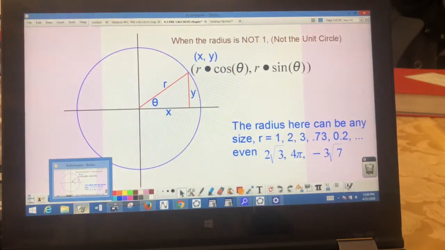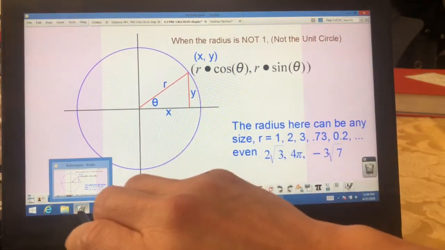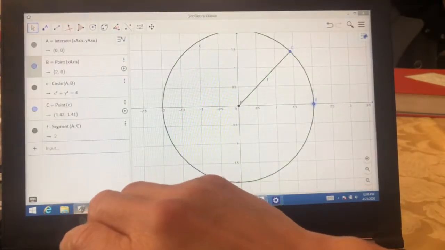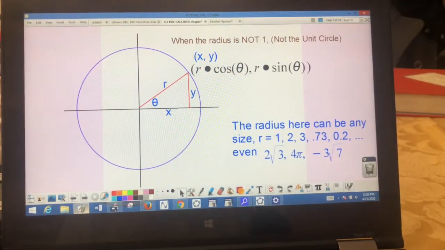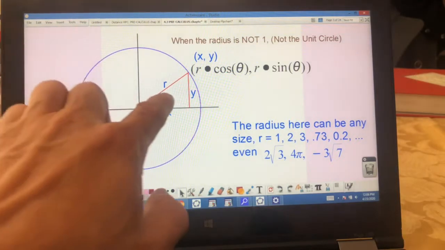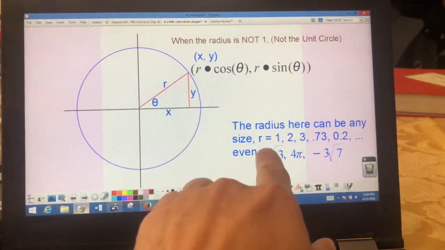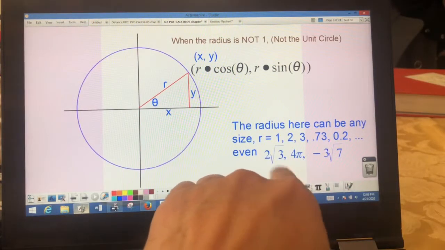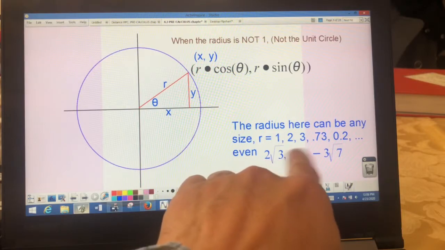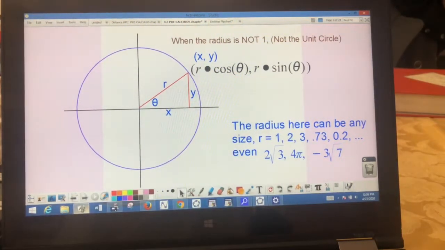So you might want to take a snapshot on this page, okay? Take a snapshot on that page. So the formula for the coordinate point, if you have a circle with a different size radius, so your radius can be any number, even some weird looking numbers like 2 root 3, 4 pi, -7, 3 root 7, whatever that is, just ignore that.